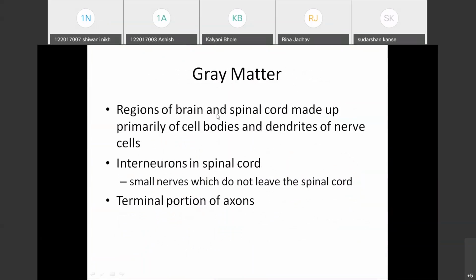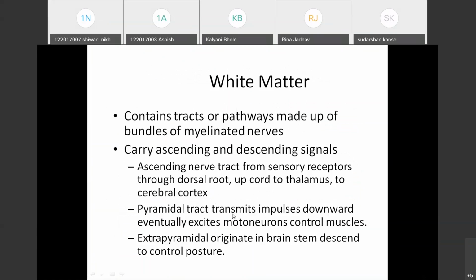In gray matter only cell bodies and dendrites are there, only first cell bodies and the final dendrites, and terminal portions of the axon, whereas white matter contains tracts or pathways made up of bundles of myelinated nerves. Myelinated means insulated kind of nerves.